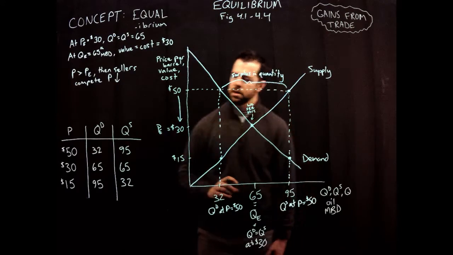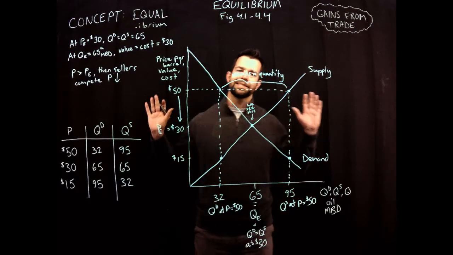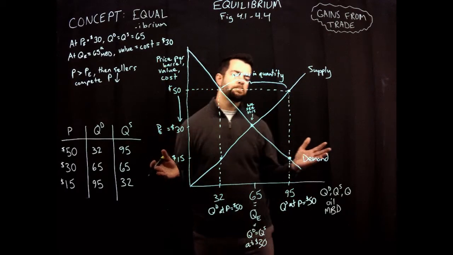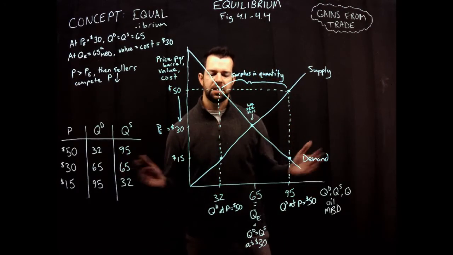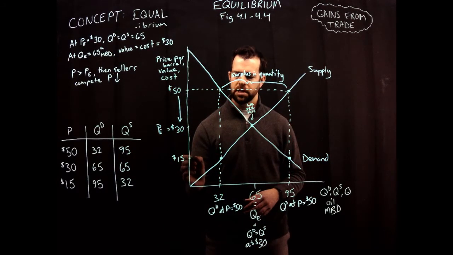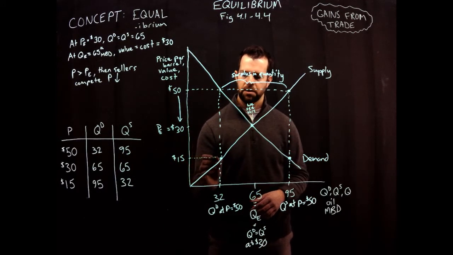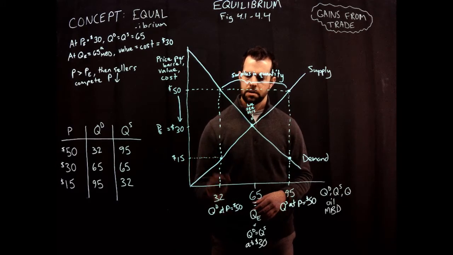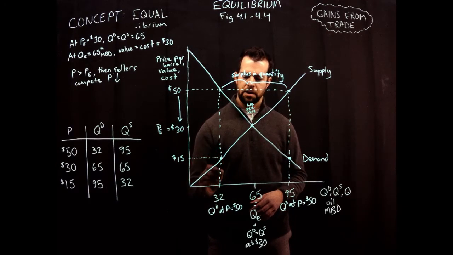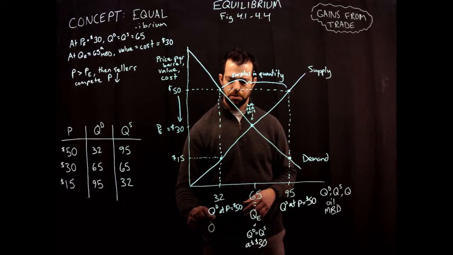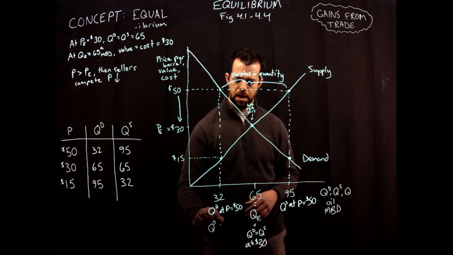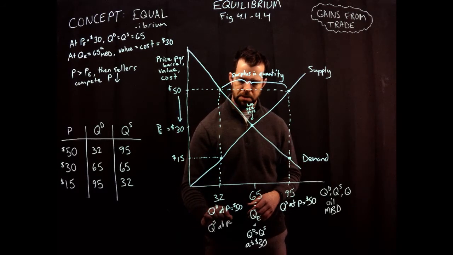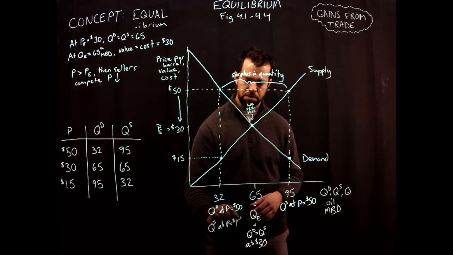Goldilocks guessed too high. What if she guessed too low? What if she thought the price was only $15? We take that same $15 and follow the $15 per barrel. The first thing we hit is the supply curve. Now 32 is the quantity supplied at a price of $15.